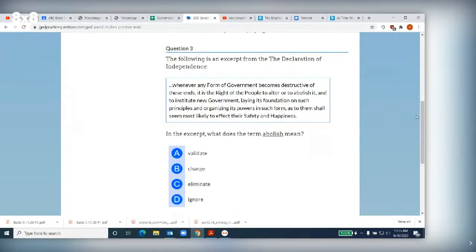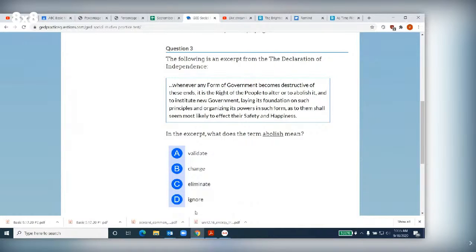In the excerpt, what does abolish mean? Let's read this sentence again. Whenever any form of government becomes destructive to these ends, it's the right of the people to alter or abolish it. So when government becomes destructive, people can alter or abolish it. And what does abolish mean? Validate, change, eliminate, or ignore.